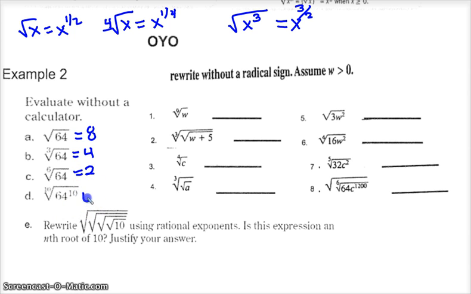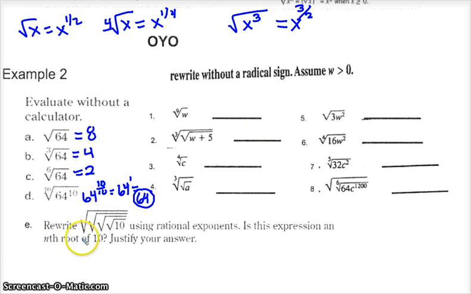I've got 64 to the 10th power to the 10th root, which is really 64 to the 1st power, which again is essentially 64. If you need help remembering your roots, it can be helpful to look at your power sheet.